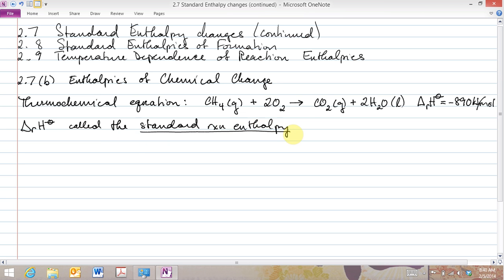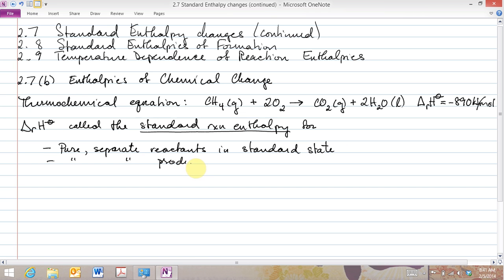And the standard reaction enthalpy is for pure separate reactants in standard state, as we've defined last time, and pure separate products in standard state.